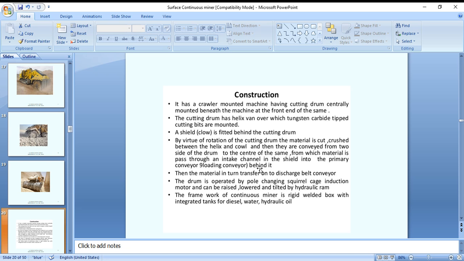Now, I am going to explain the basic construction of the surface continuous miner. It has a crawler mounted machine having a cutting drum centrally mounted beneath the machine, or at the front end of the same. So there are two types: one is centrally mounted beneath the machine, and another is the front end type. The cutting drum has a helix over which tungsten carbide tipped cutting bits are mounted.